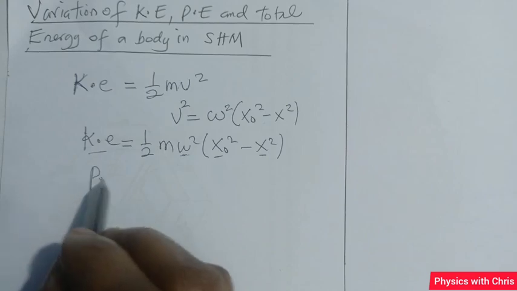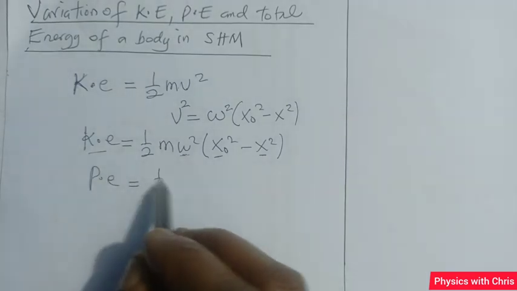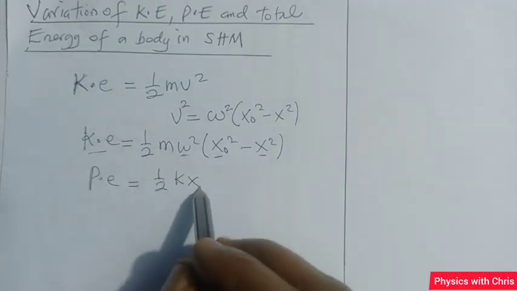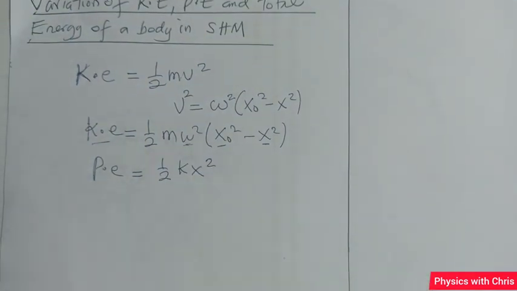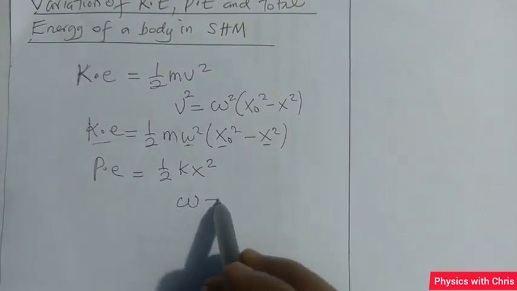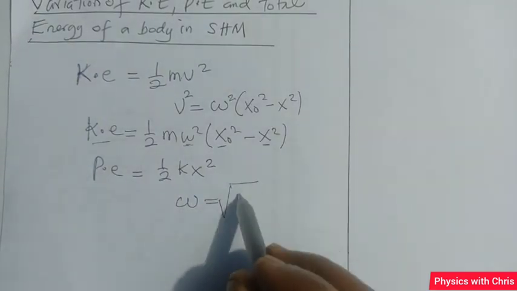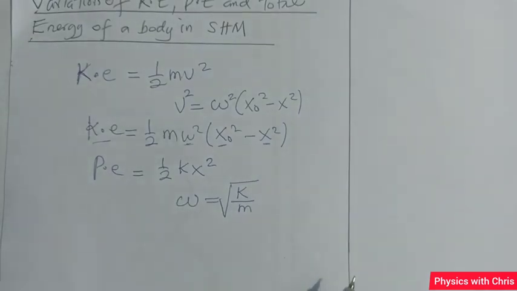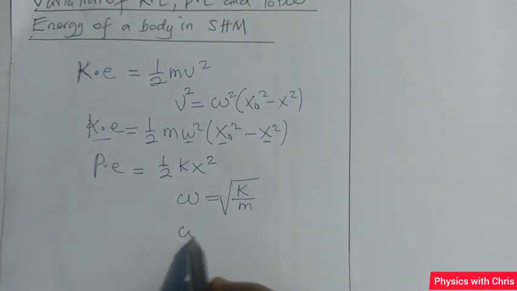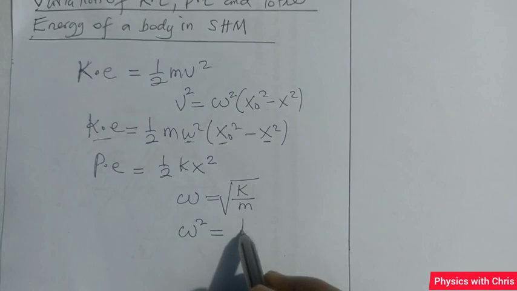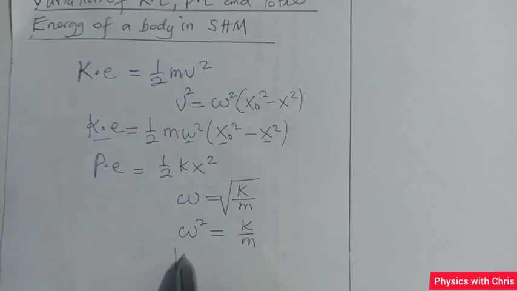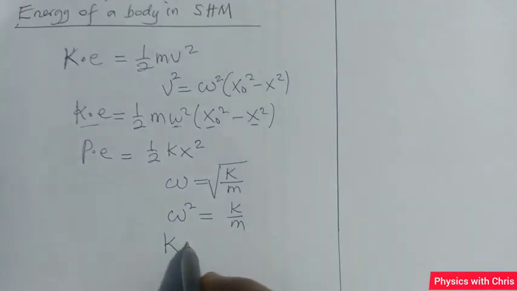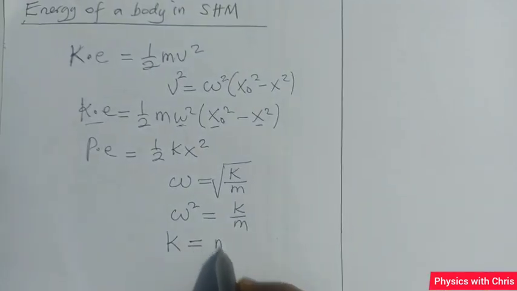The potential energy of the body is given by half k x squared. Now recall again that in a spring system, the angular frequency omega is given as the square root of k over m. So if I square both sides, I get omega squared equals k over m, so that my spring constant k is equal to m multiplied by the square of the angular frequency.